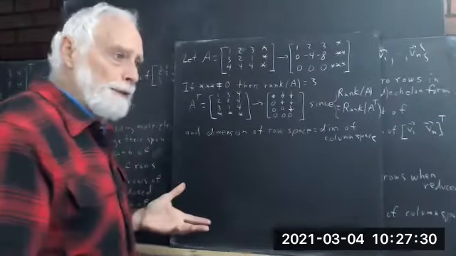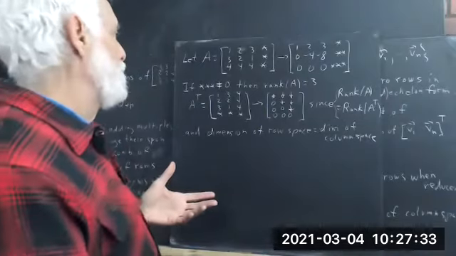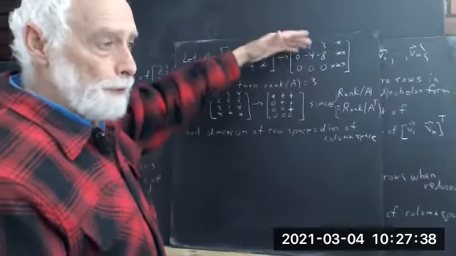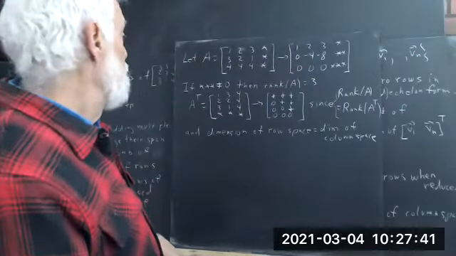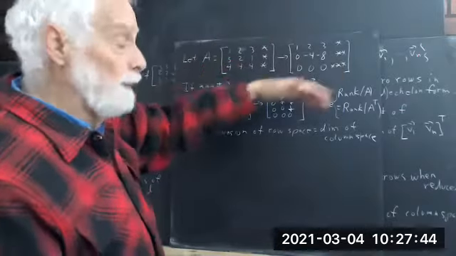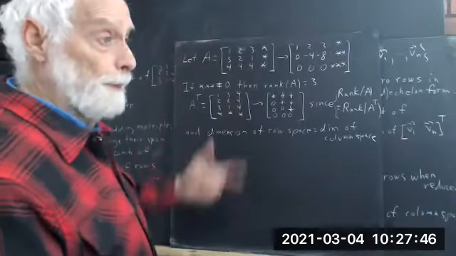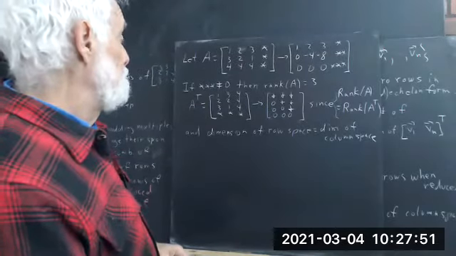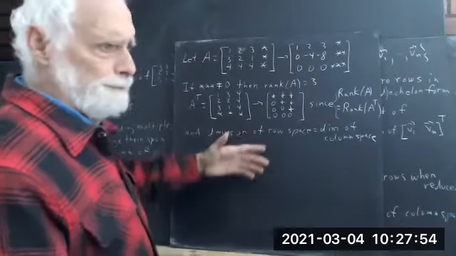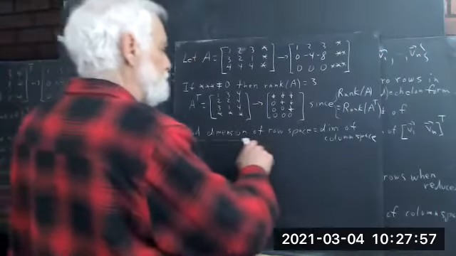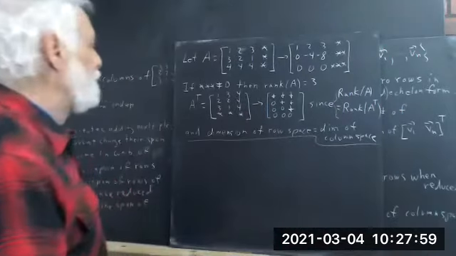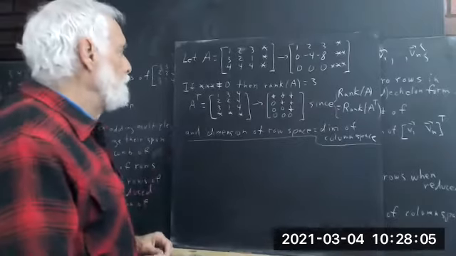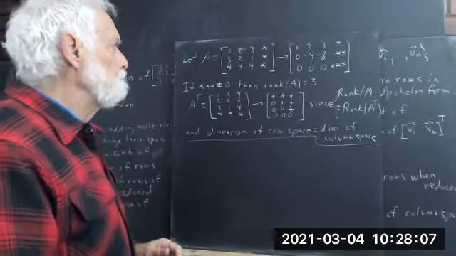Well, it's because the rank of A is the dimension of the row space of A. When you do the transpose, the row space of A becomes the column space of A transpose. So I didn't say that exactly right, but think about it. Okay.